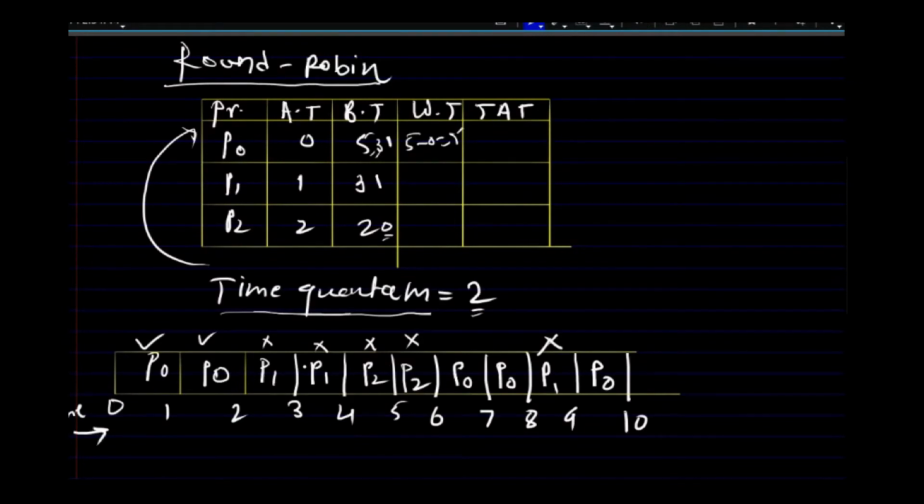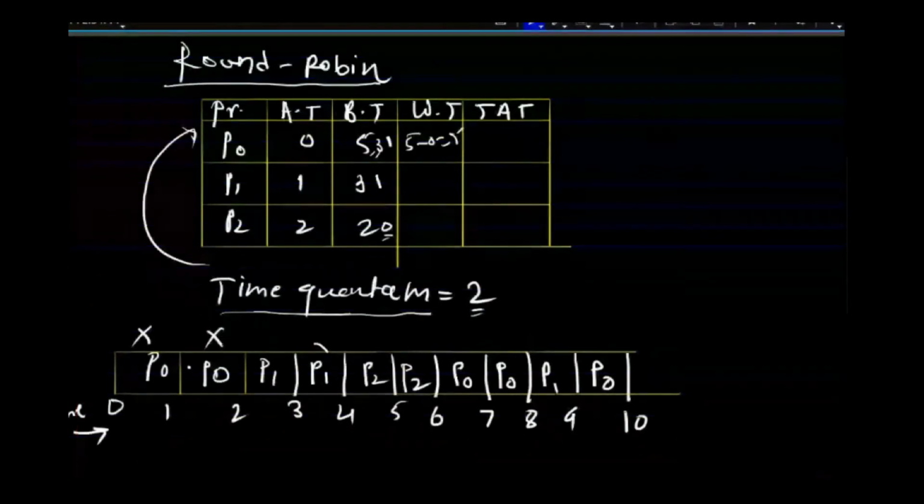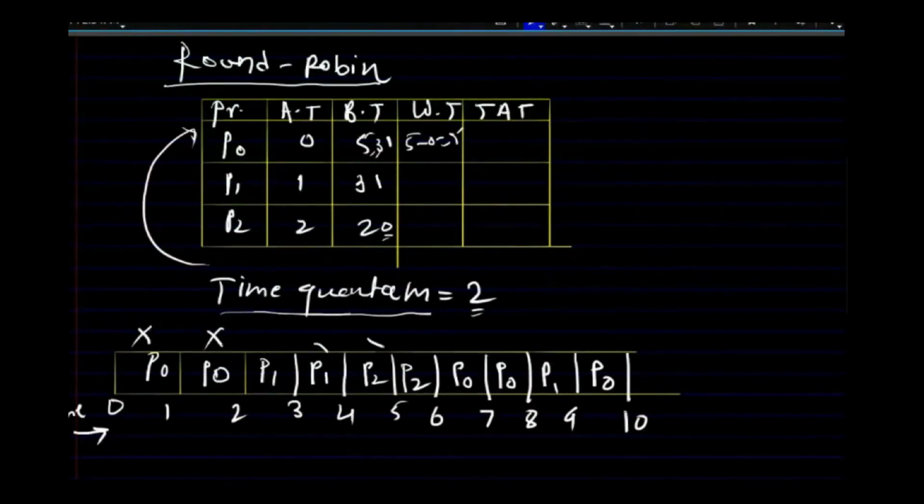Similarly, let us calculate for P1. So P1 is not executing here, not executing here, not executing here, not executing here, not executing here, not executing here.